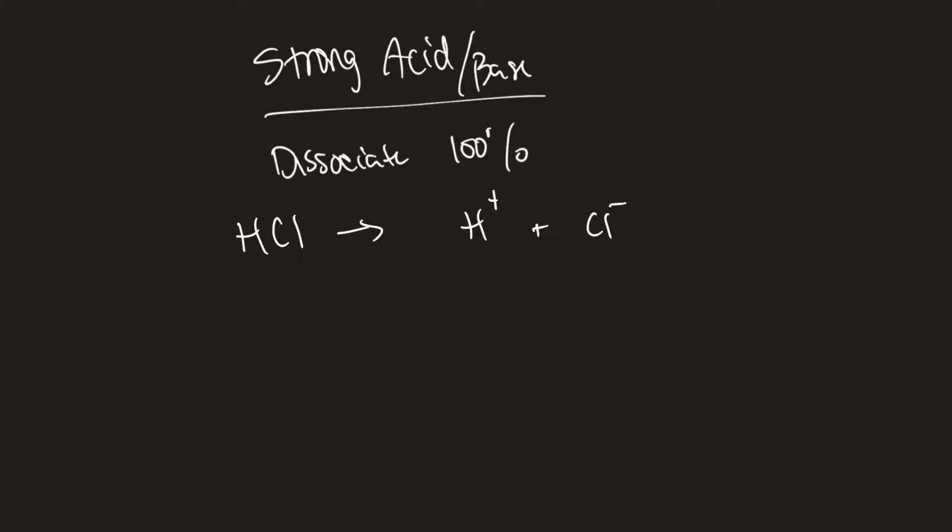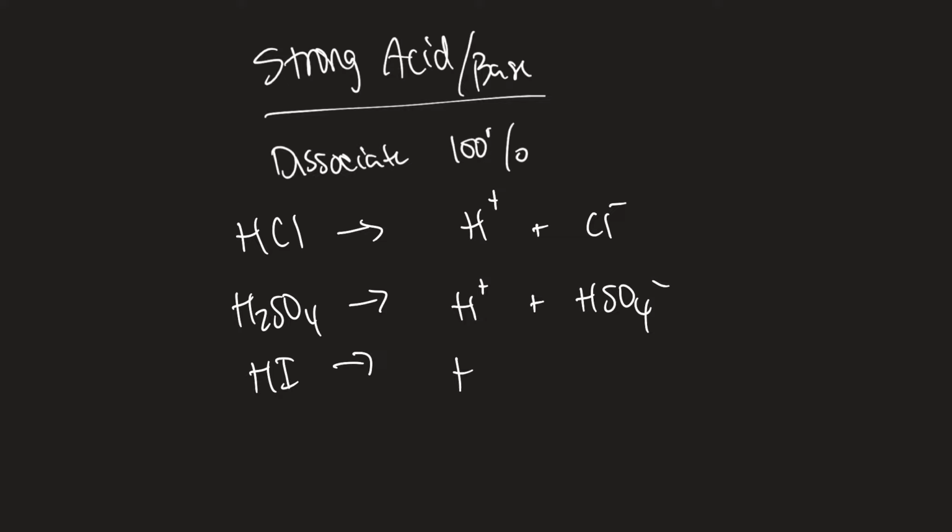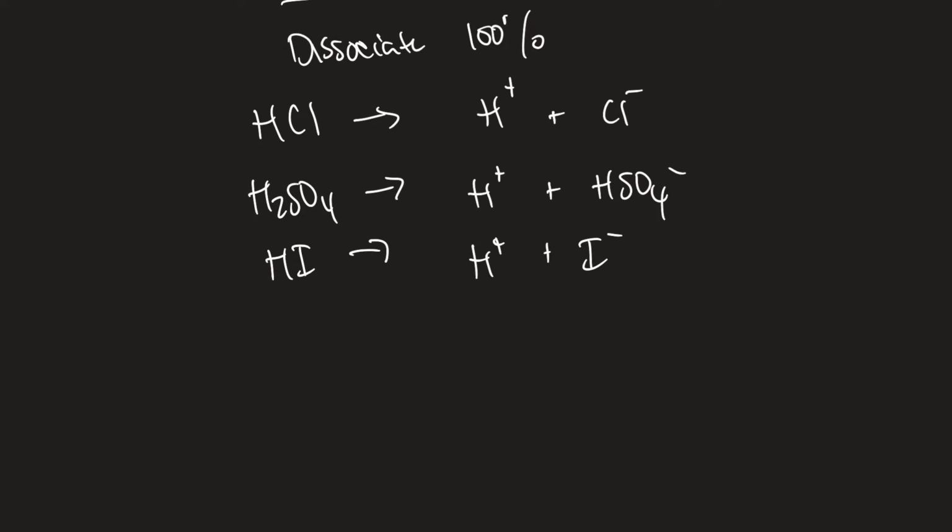Other strong acids, you have sulfuric acid. Sulfuric acid is going to break up into hydrogen ion and hydrogen sulfate ion. Hydroiodic acid, another strong acid, is going to break up into hydrogen ion and the iodide ion. Nitric acid, HNO3: hydrogen ion plus the nitrate ion.